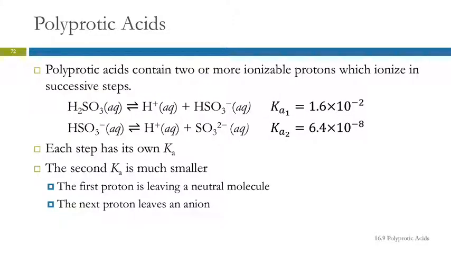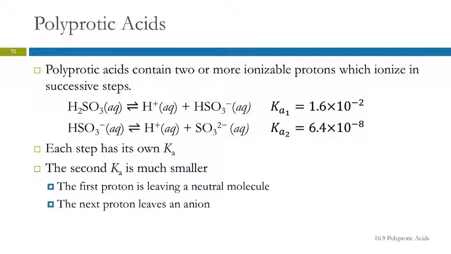Okay, polyprotic acids. Polyprotic acids have 2 or more ionizable protons, and they ionize in successive steps. Here is an example: sulfurous acid, H2SO3. It has 2 hydrogen ions that can be removed. The first one gets removed, and we have hydrogen ion and hydrogen sulfite ion, and this has a Ka of 1.6 times 10 to the minus 2.